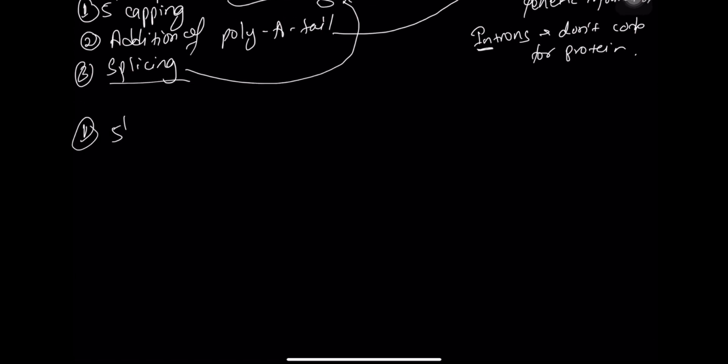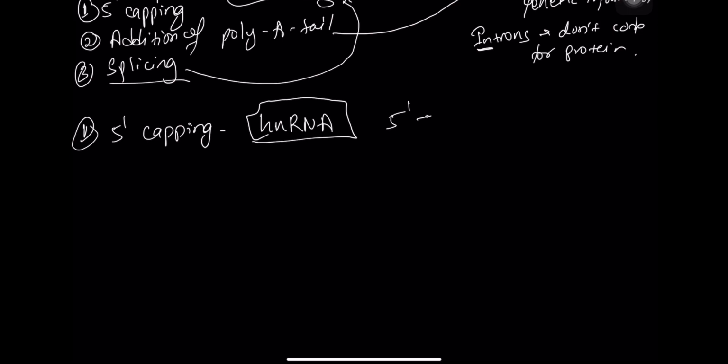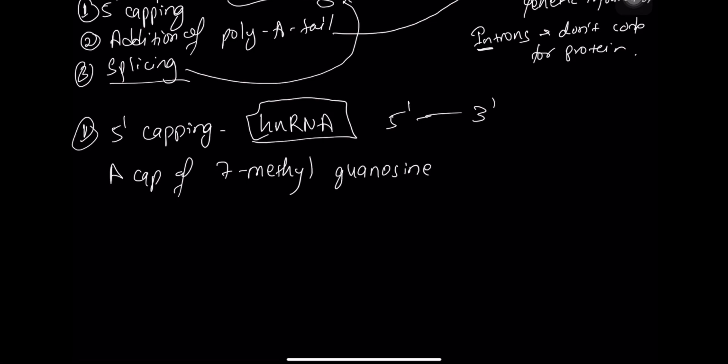First one is the 5' capping. Here the heterogeneous nuclear RNA has this 5' to 3' direction. What happens in 5' capping is that a cap of 7-methylguanosine will be attached to the 5' end of our mRNA.